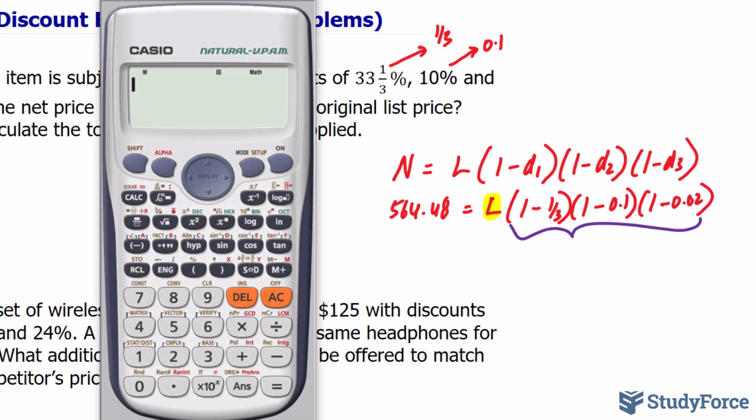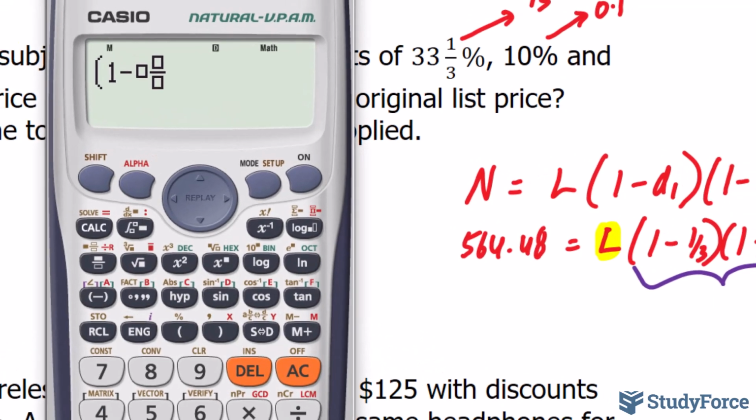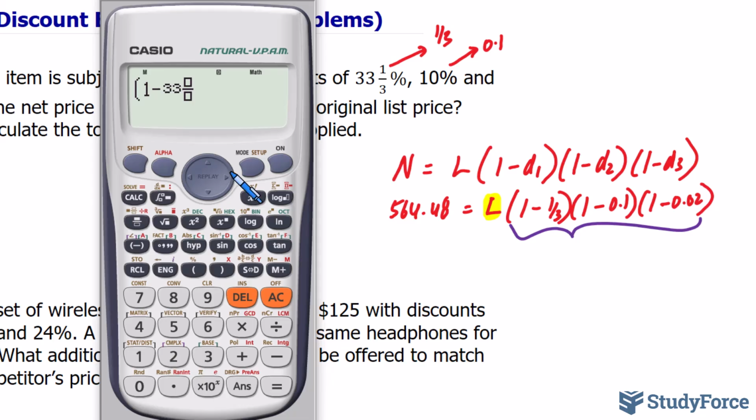Now, if you want to save time and not have to convert those into fractions or decimals, you can actually use your calculator to compute this very easily. Watch this. So open up parenthesis, 1 minus, and you see how we had 33 1/3%, and I said it was 1/3. But in case you didn't know that it's 1/3, you can use this function on your calculator. So click Shift, that button, put in 33 1/3.